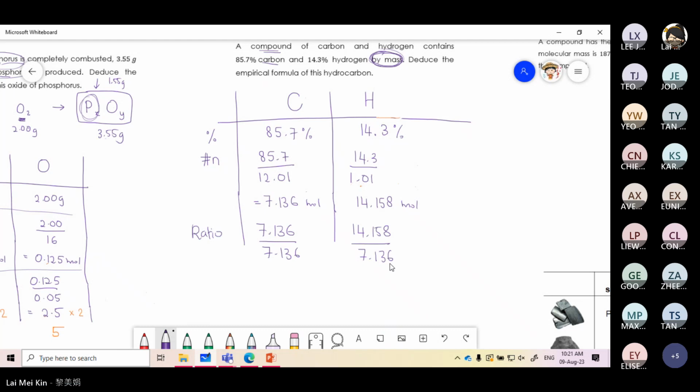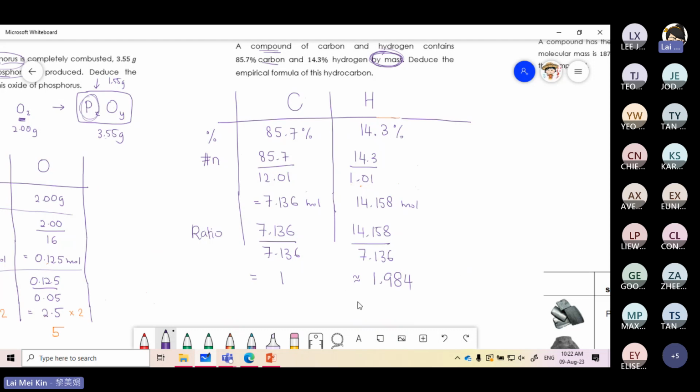One to two. So what do you get? 1 and 1.984.